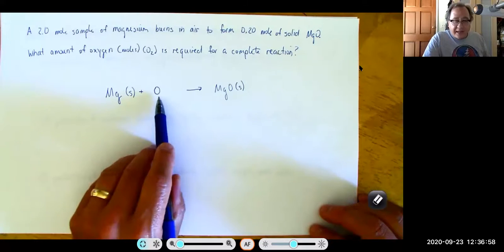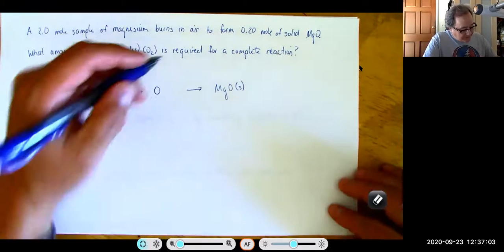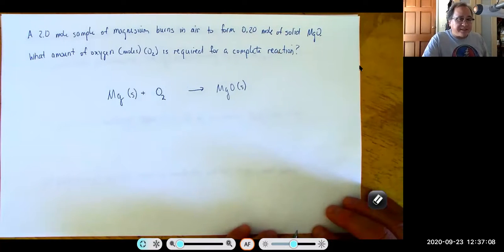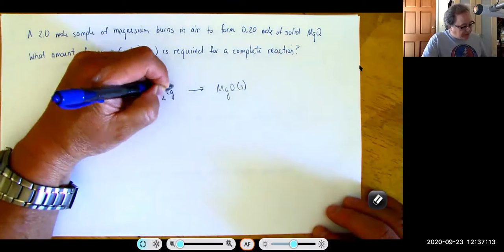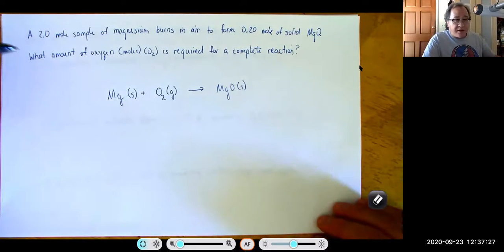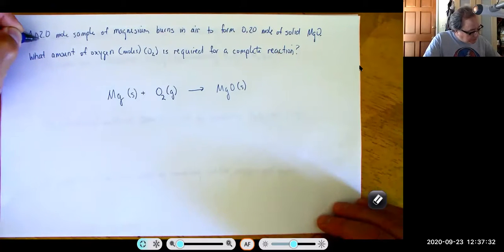It is an element that belongs to the diatomics, right? So you have to put a 2 here. And then we also have to think about what is the state of oxygen in air. It's a gas. So here's the chemical reaction. I think I wrote the problem down wrong. I think this is supposed to be 0.2.